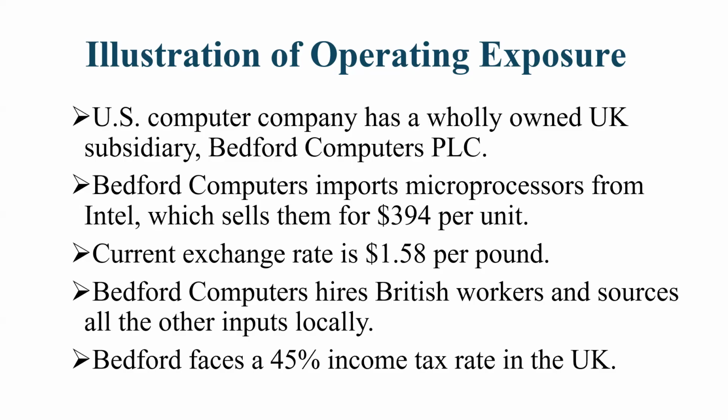Now, in many cases, operating exposure may account for a larger portion of a firm's total exposure than the contractual exposures. Now, suppose a US computer company has a wholly owned British subsidiary. Let's refer to that as Bedford Computers. And the British subsidiary manufactures and sells PCs in the UK market.